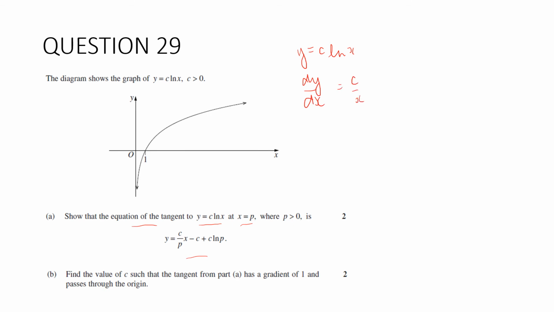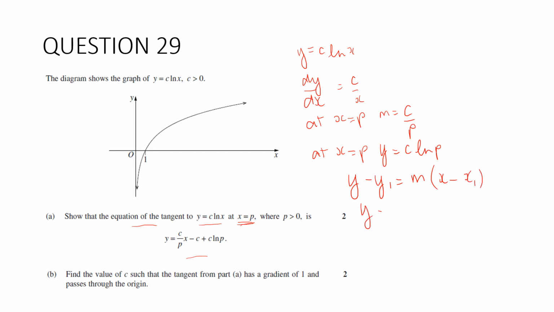We want it at x equals p, so at x is equal to p, the gradient will be c on p. We also need to know the y-coordinate, so at x is equal to p, the y-coordinate is c ln p. Now into our formula, y take away y1 is equal to m, x take x1.